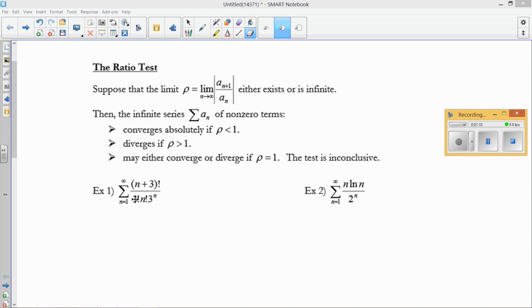So if I take example 1 and I want to run the ratio test, I'm just going to pick right back up where we left off.